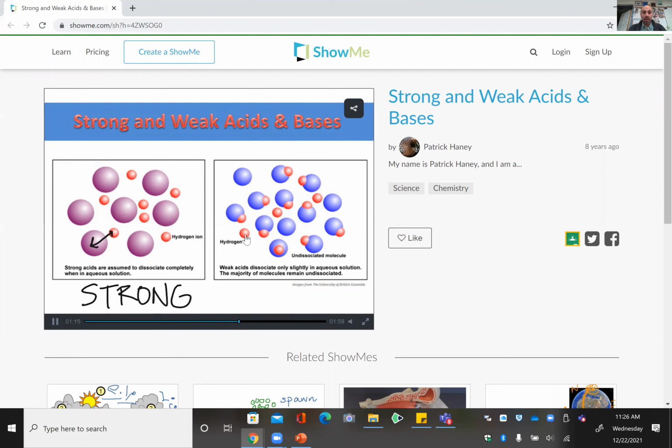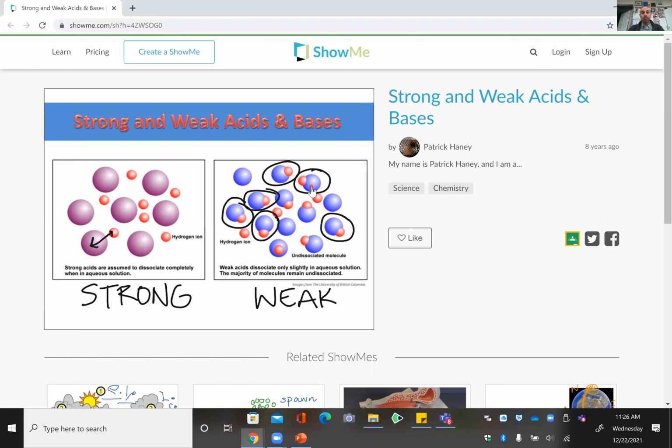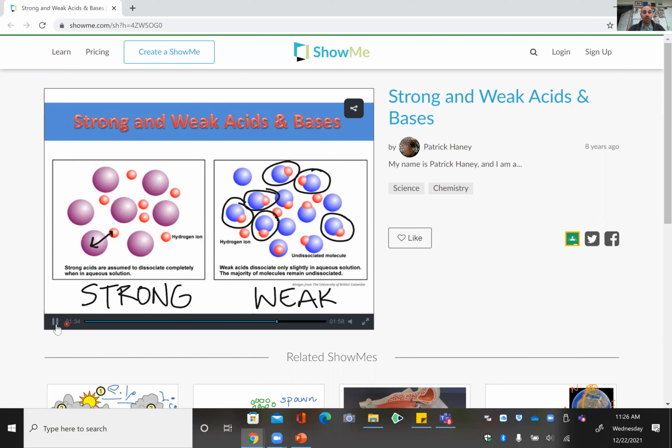We do see some hydrogen ions. Here's one, here's another floating around, and anions as well. But only some of them have dissociated. The ones that are being circled now are still in the acid, the hydrogen anion pair. So notice there are still some that are in the acid form, but also some that are dissociated.